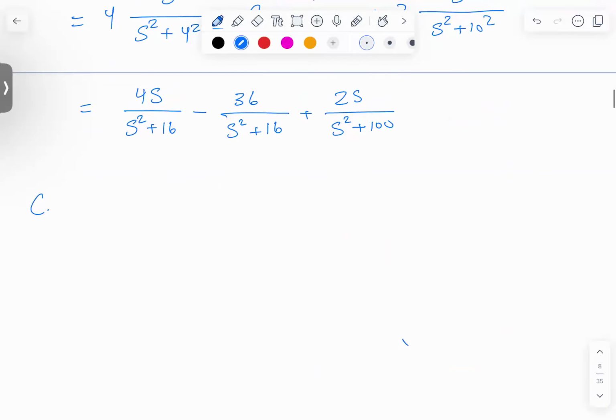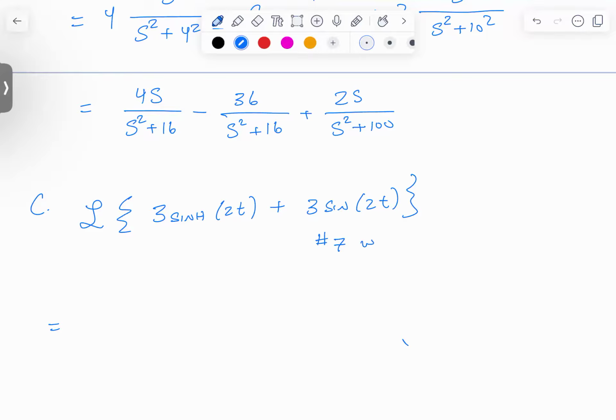All right. Some hyperbolics. So sine is number 7 with a equals 2.